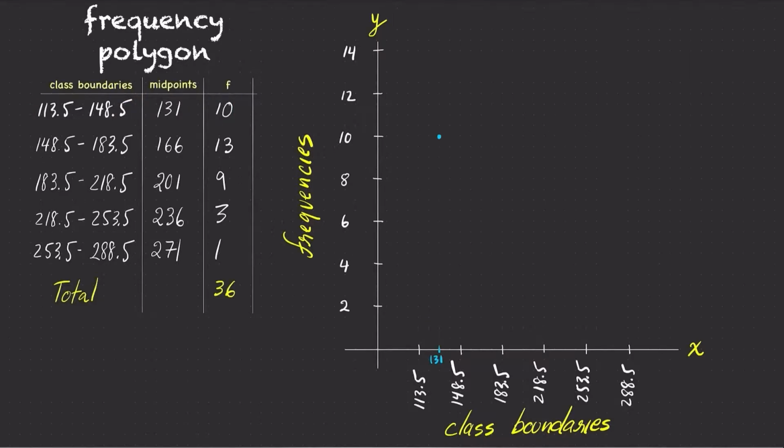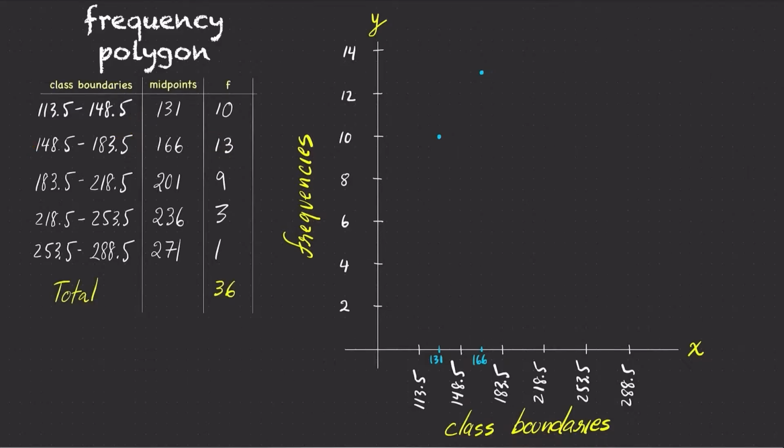And for the second class, going from 148.5 and up to 183.5, the class midpoint is 166. Go to the x-axis, mark that in the middle of the class boundaries. Now, mark the class height of 13 right above 166.